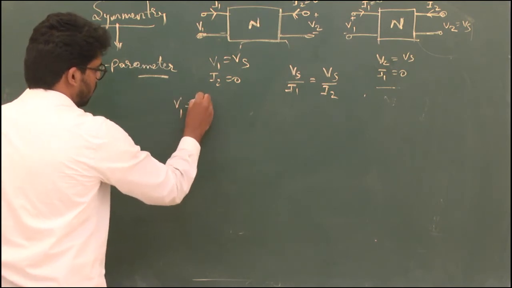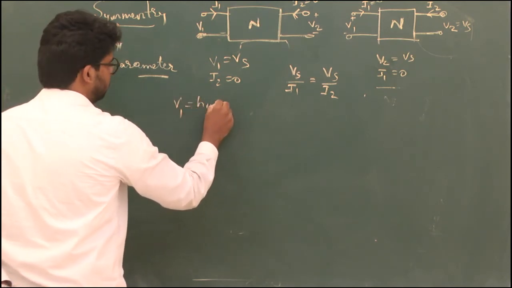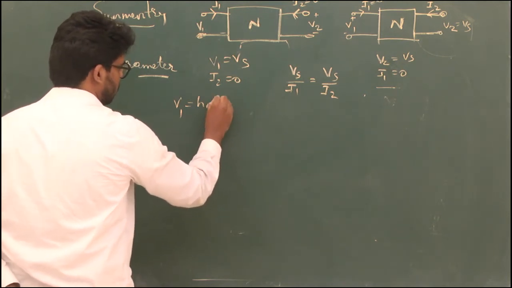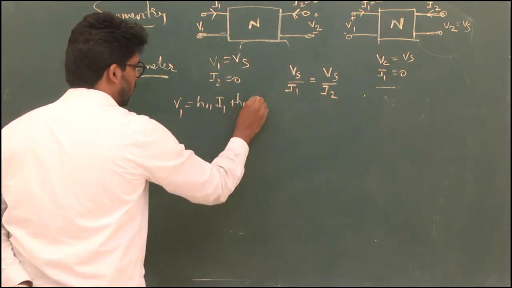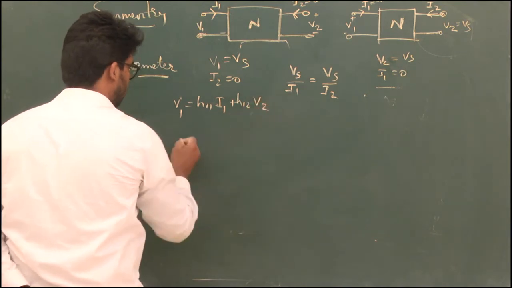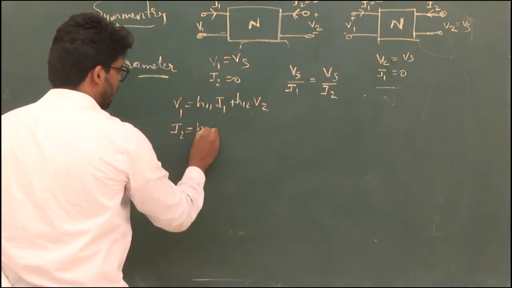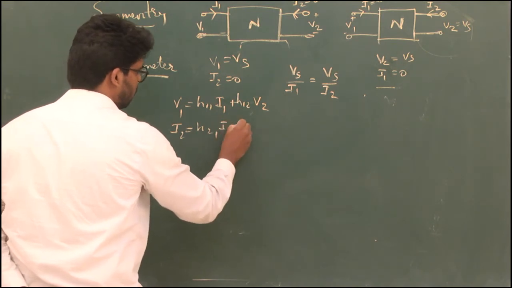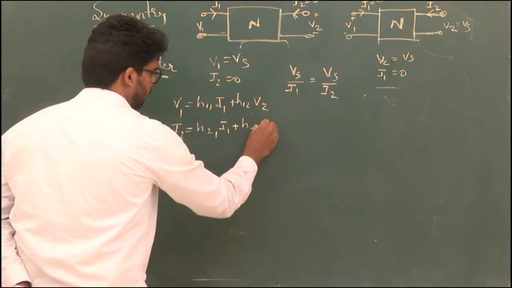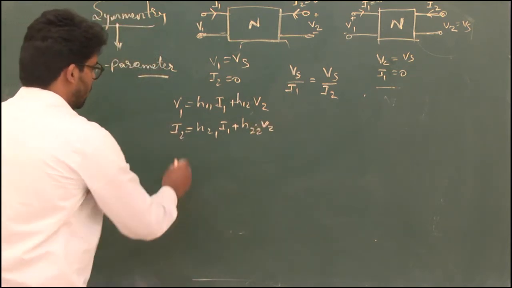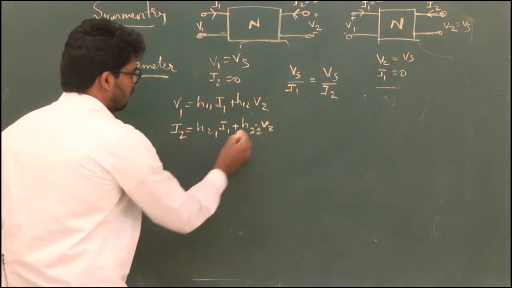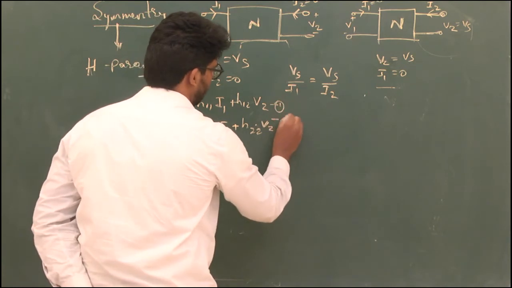V1 equal to H11 I1 plus H12 V2, I2 equal to H21 I1 plus H22 V2. So these are the H parameters you have. I'm naming these as equation 1 and equation 2.